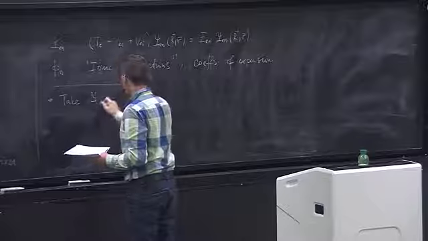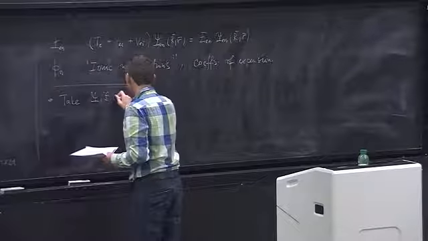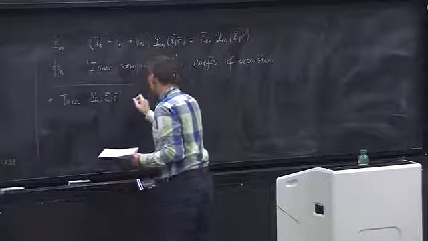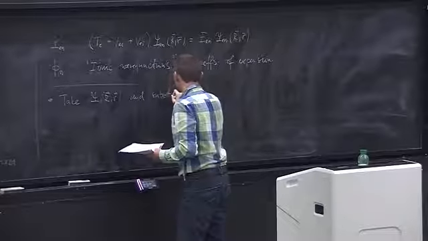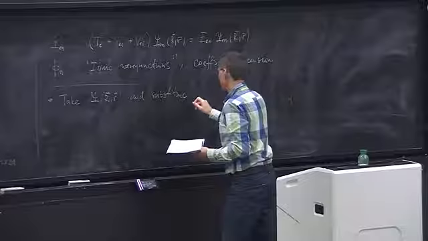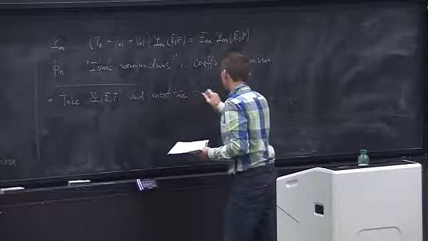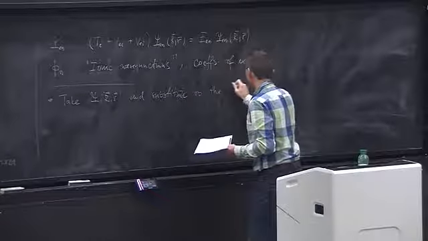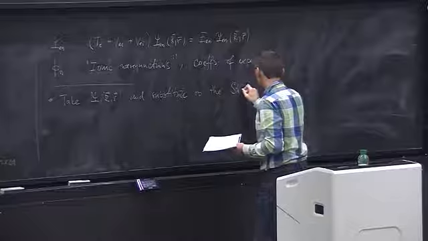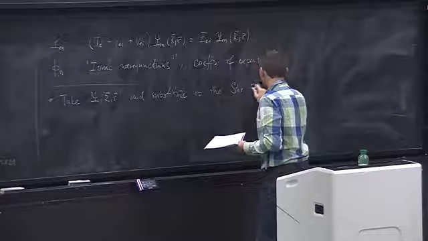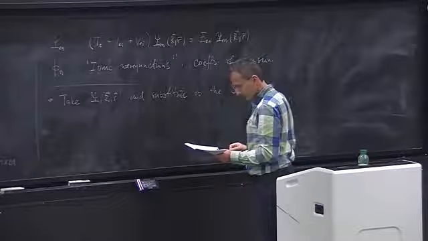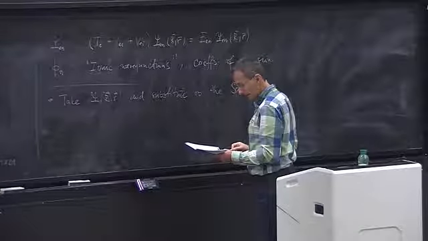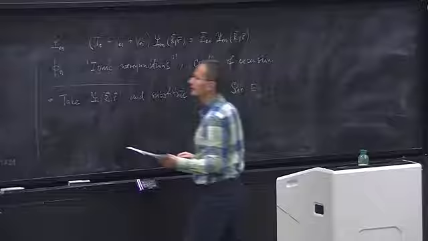Okay, so the next step in this construction is take psi of R, r and substitute it into the Schrödinger equation. And we know what happens, right?